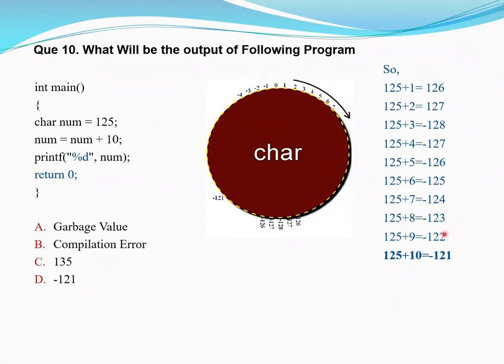So similarly, 125 plus 10 will be equal to -121. Therefore the variable num will contain the value -121, and with this printf function, the value of num, that is -121, will be displayed. So the output of this program is -121.